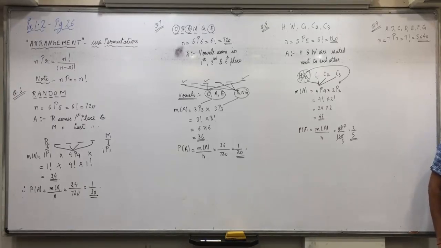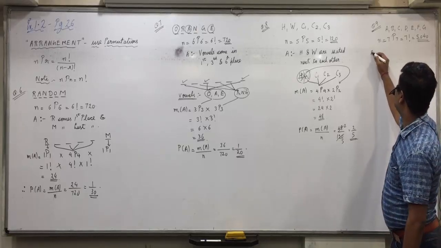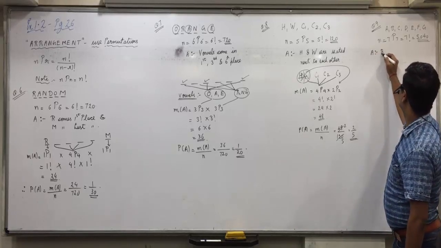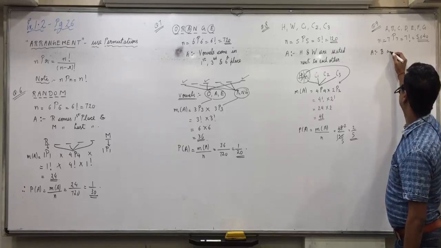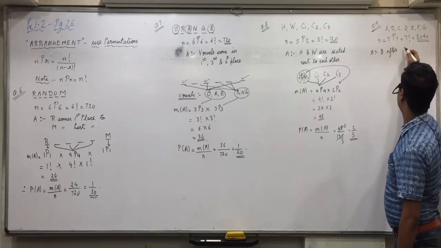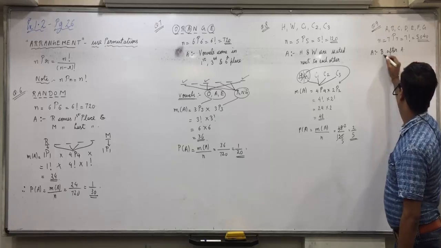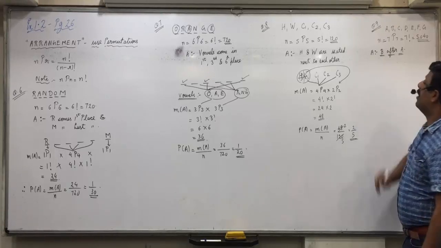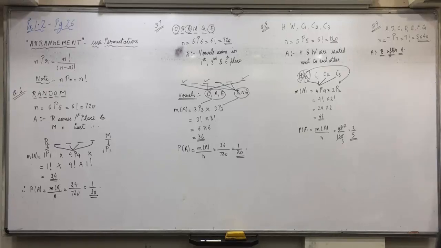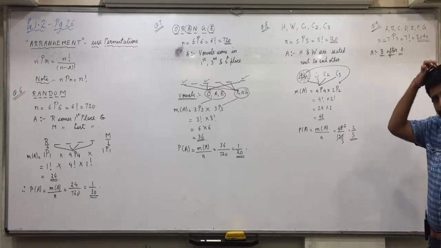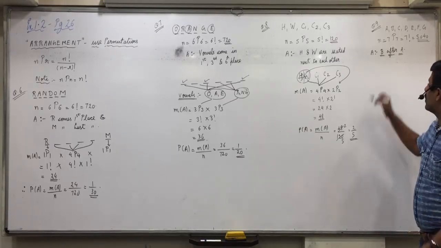Now, find the probability that speaker B delivers the speech immediately after speaker A. So we'll define it. Let event A be the event that B delivers the speech immediately after A. So it should be this way.